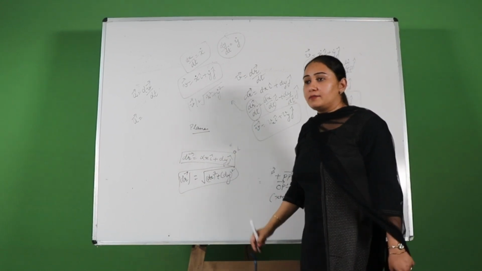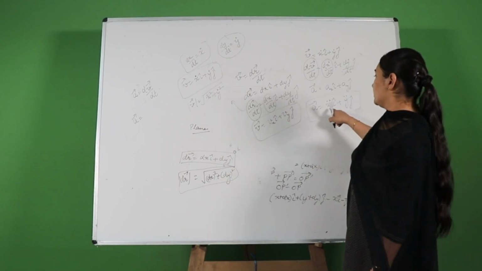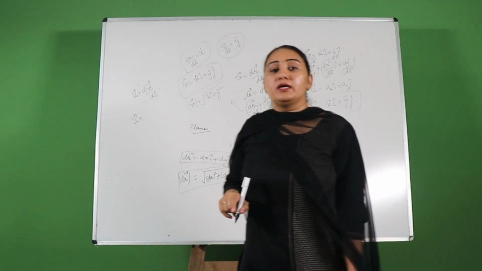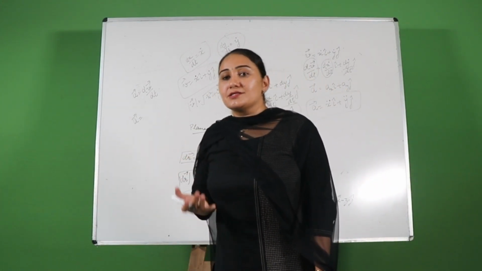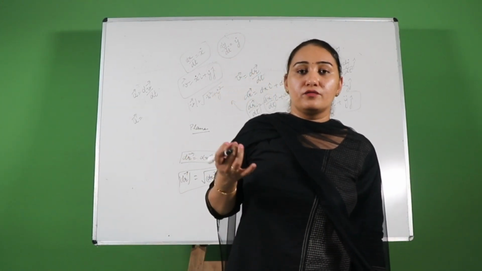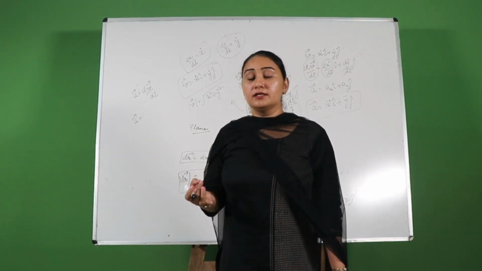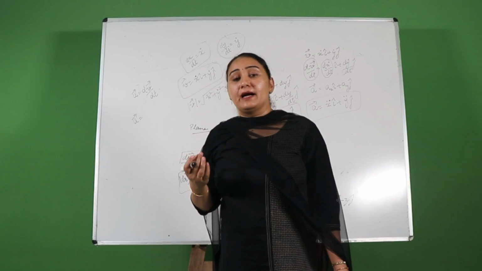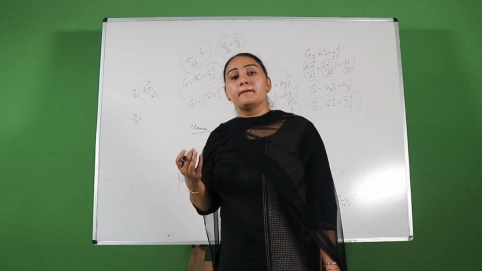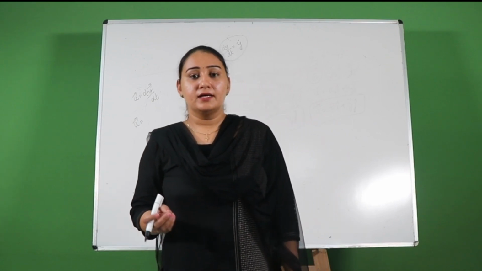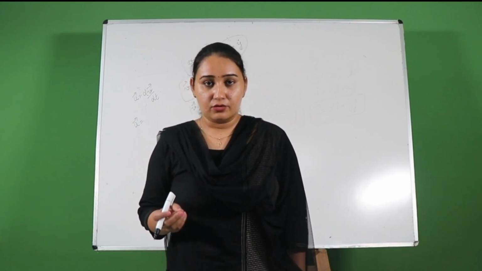I can also take the magnitude: a equals the square root of x double dot whole square plus y double dot whole square. So this is about displacement, velocity and acceleration in Cartesian coordinates, if your particle is moving in a plane. We will be solving a problem for a particle having Cartesian coordinates and moving in a plane.